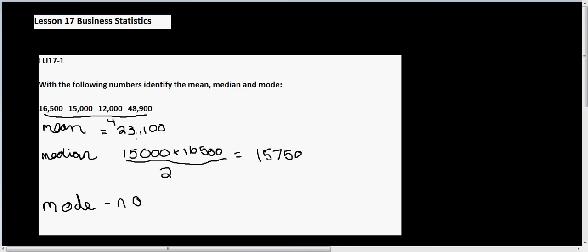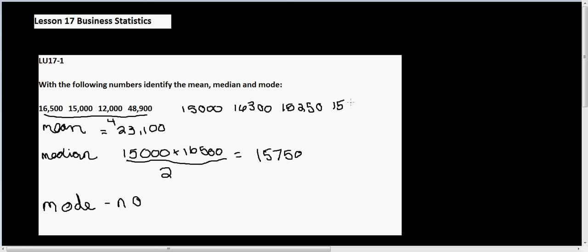However, if we had included in here a few more numbers, like say 15,000, maybe 16,300, maybe 15,250, maybe another 15,000.